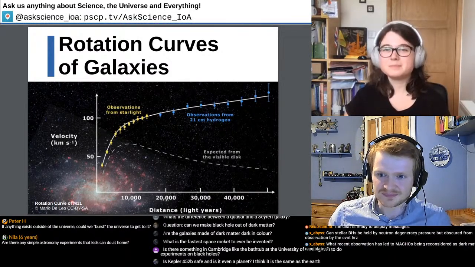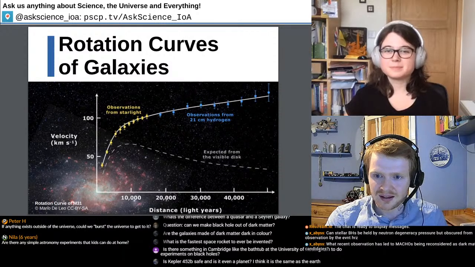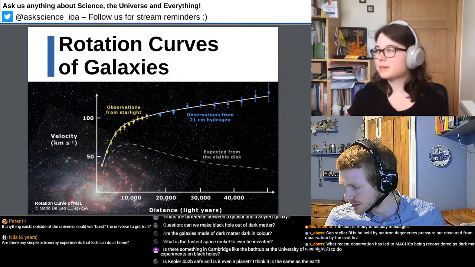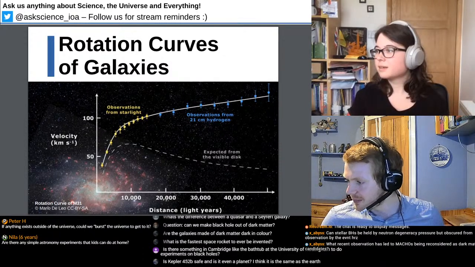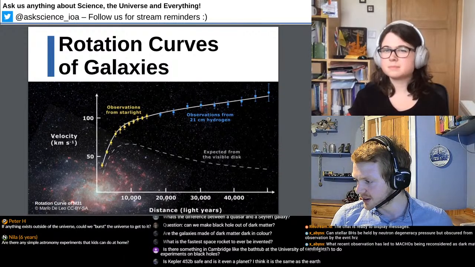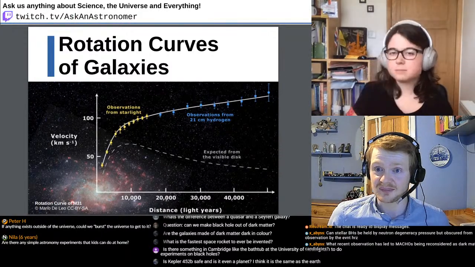Cool. So, a question about whether we can make black holes out of dark matter. This is, I think, a relatively quick one. The answer is yes, you can.